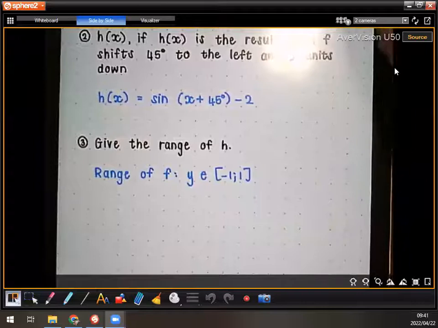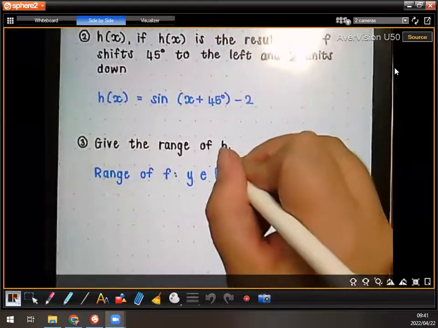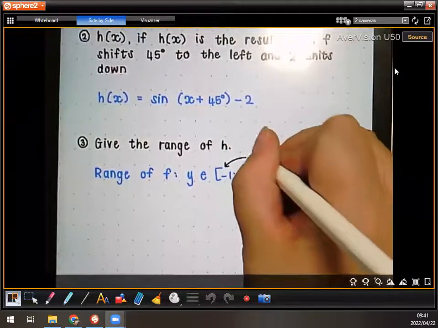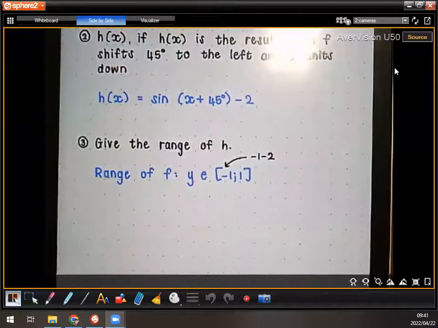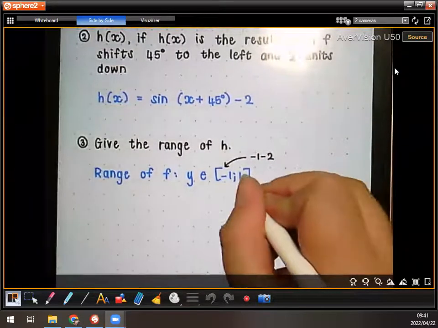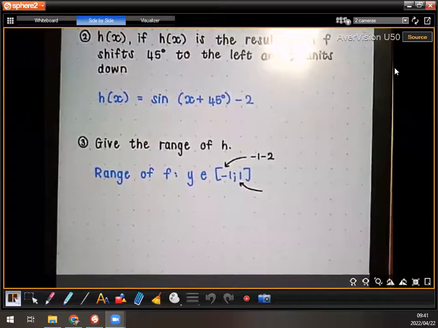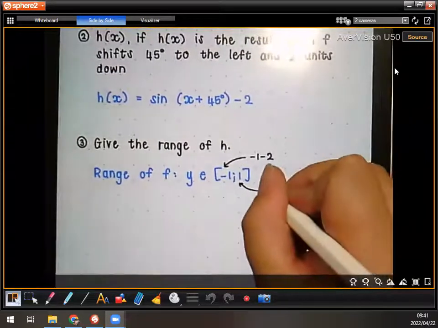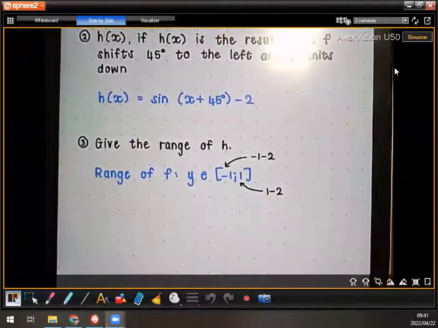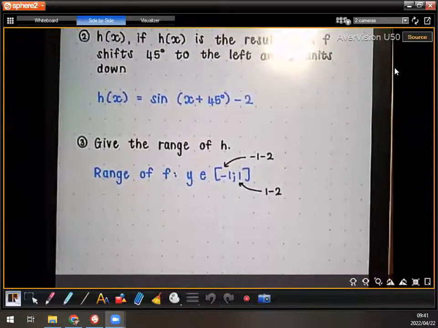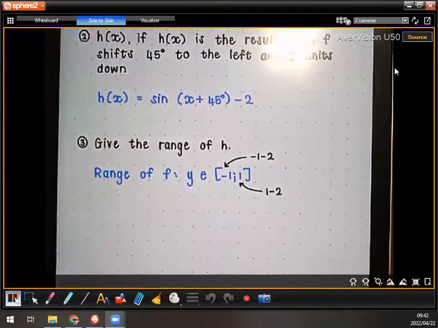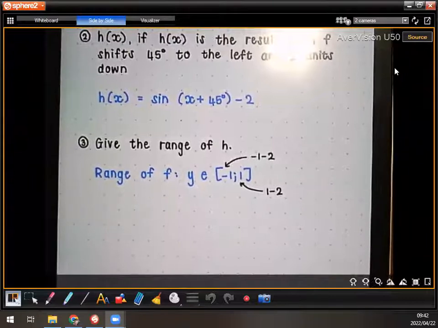So what you're actually going to do is say negative 1 minus 2 to get the new one. And your new maximum value, it was 1, but that is also shifting 2 units down. So to get the new maximum value, you're also going to minus 2 from that. That whole graph is keeping the same shape. It's just going 2 down.